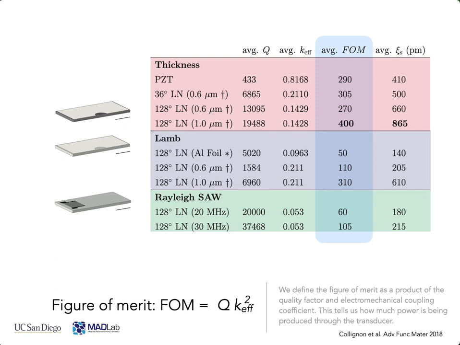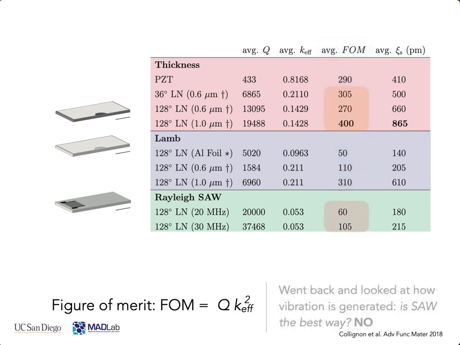When we look at the figure of merit results finally, we find that the 128 degree lithium niobate cut is actually the best material to choose here. Traditionally, a 36 degree lithium niobate cut is thought to be the best for thickness mode. That's true for non-resonant applications. For resonant applications, it actually turns out that the 128 degree cut is the best material.